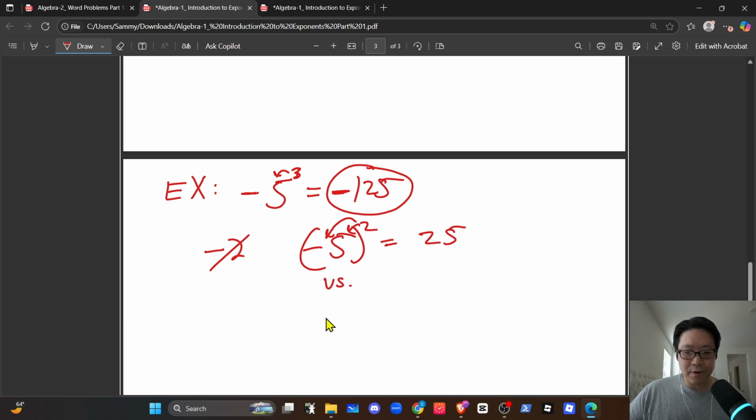This is different from that. That's the point I was trying to make. An exponent of 2 here does not apply to the negative. So in this case, what you would have is negative and then 5 squared, which is 25, which would give you -25. It's very important to know the difference between these two problems.